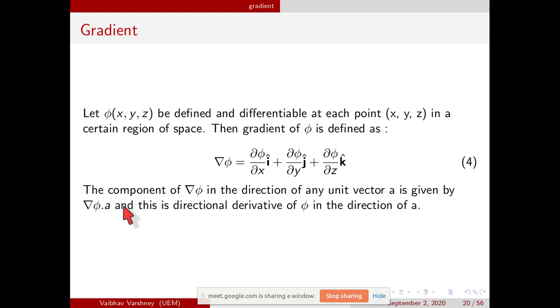You can calculate in any direction, like 30 degree, 40 degree, then when this dot product opens, it is magnitude of del phi, magnitude of A into cos theta. So theta will be the angle of the direction in which you want to calculate that derivative. Any problem till this point? Okay.